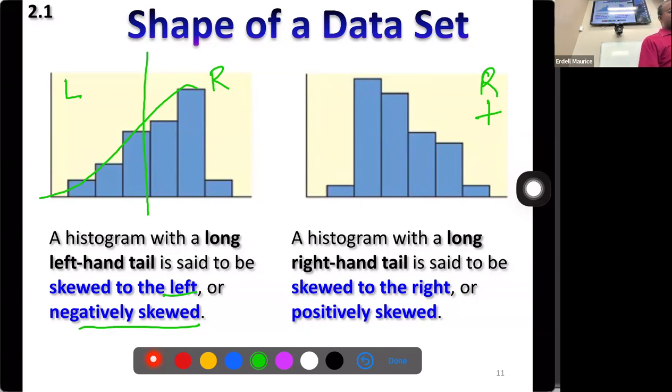For example, students' test grades are normally negatively skewed, skewed to the left, because most students would score 80%, 90%, 70%. Most students, but a few students who might have been sick or who came late to the test, a few students will perform badly on the test.